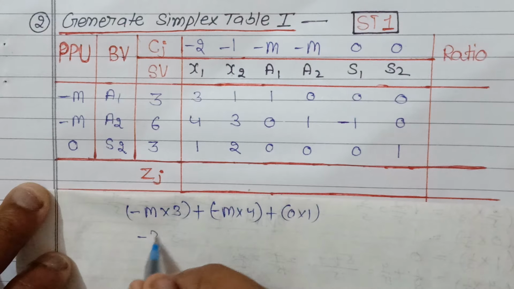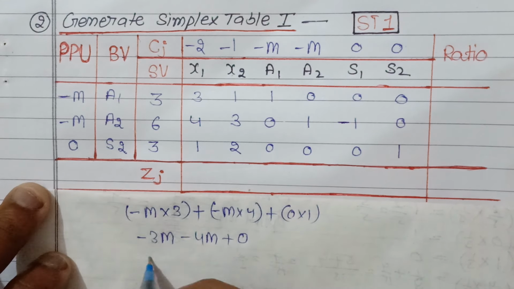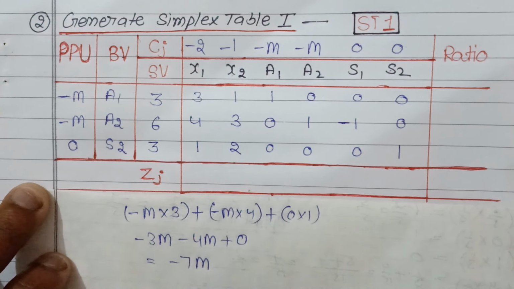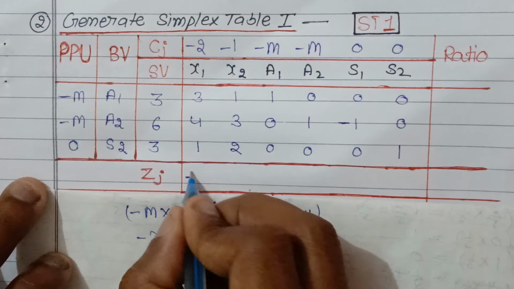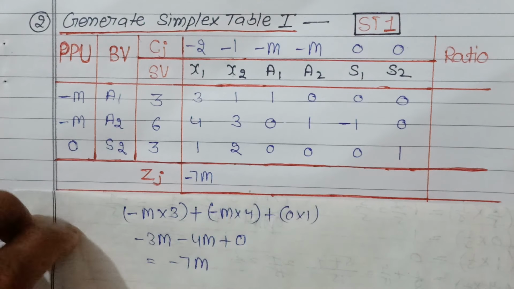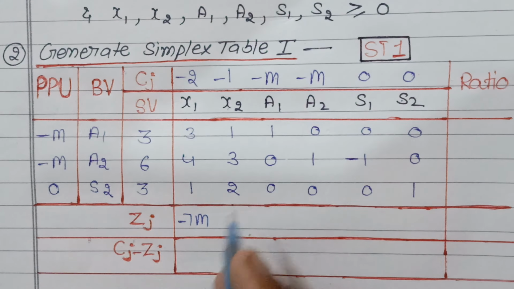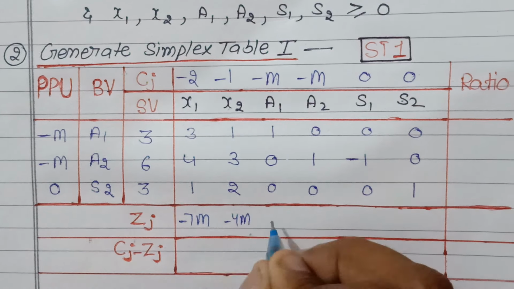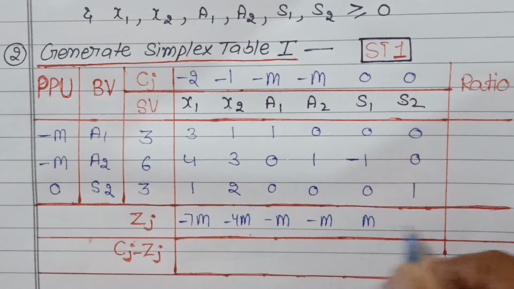Then you will see that this is minus 3M, this is minus 4M, and this is 0, and the total is minus 7M. So the value for the first column of Zj is minus 7M. Similarly, we can find the value of all other columns, and they are minus 4M, minus M, minus M, M, and 0.